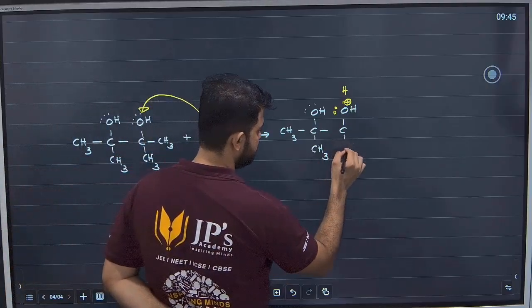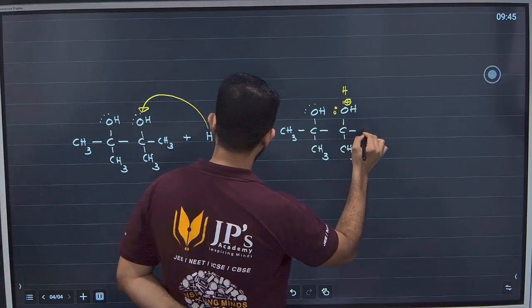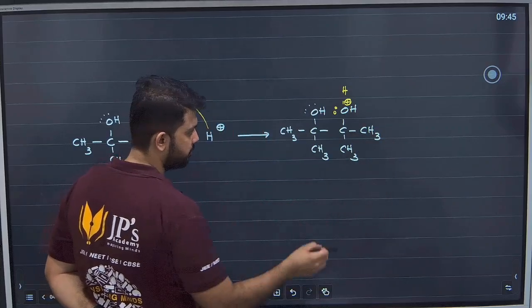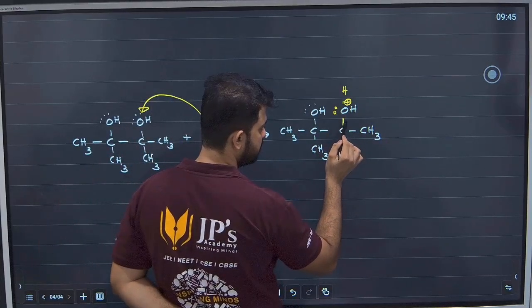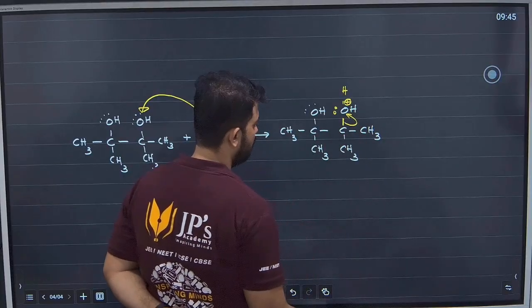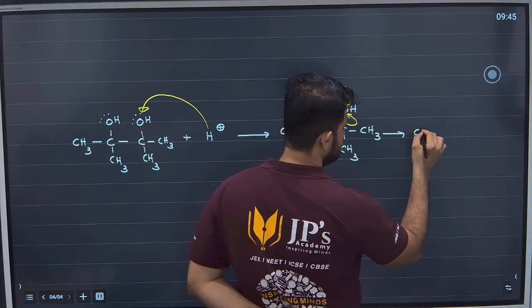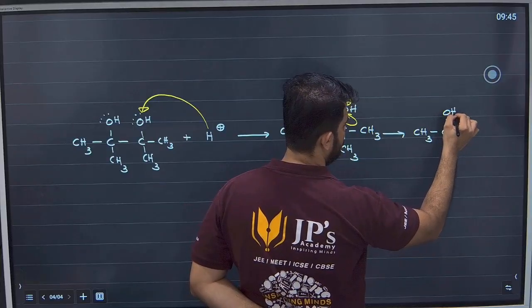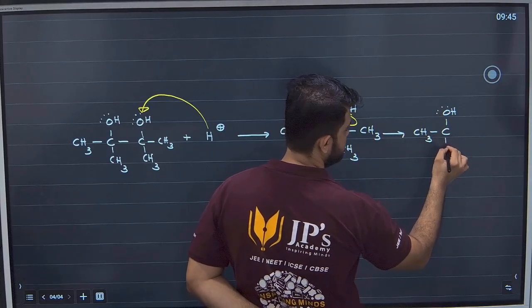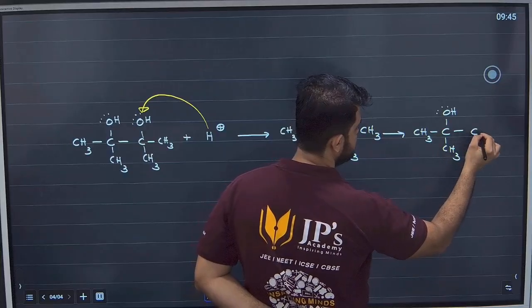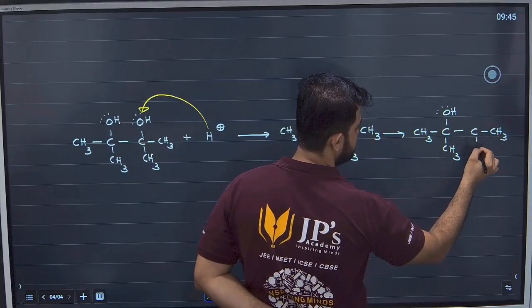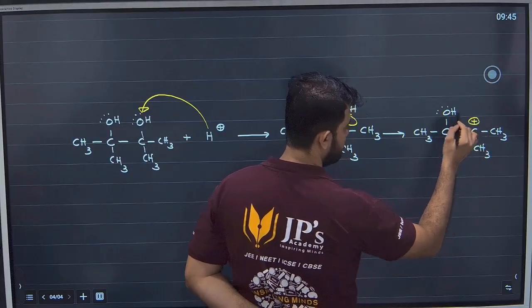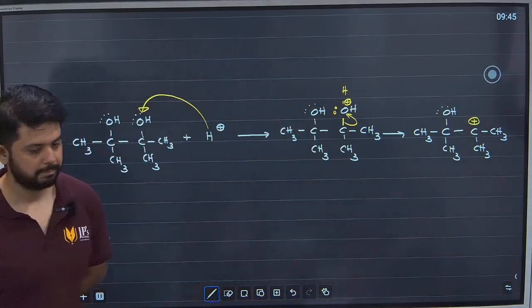So this is CH3 and then CH3 over here. Next step, the bond electrons are taken by oxygen. So what do we get? CH3 C OH, CH3 C, CH3 and plus H2O.